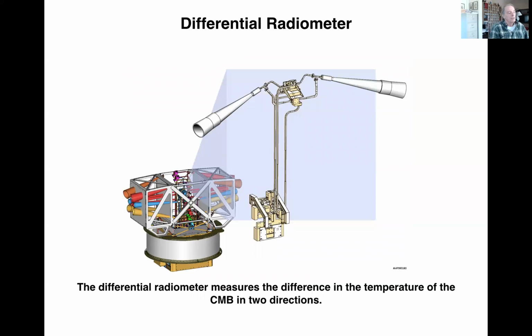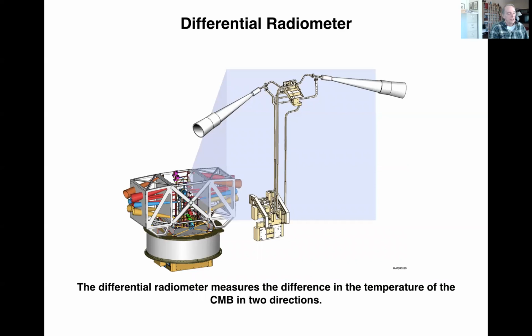They each carried a collection of differential radiometers, which were pointed at different directions in the sky and determined very precisely the difference in the radiation energy, and therefore the temperature of the radiation, in these two different directions.